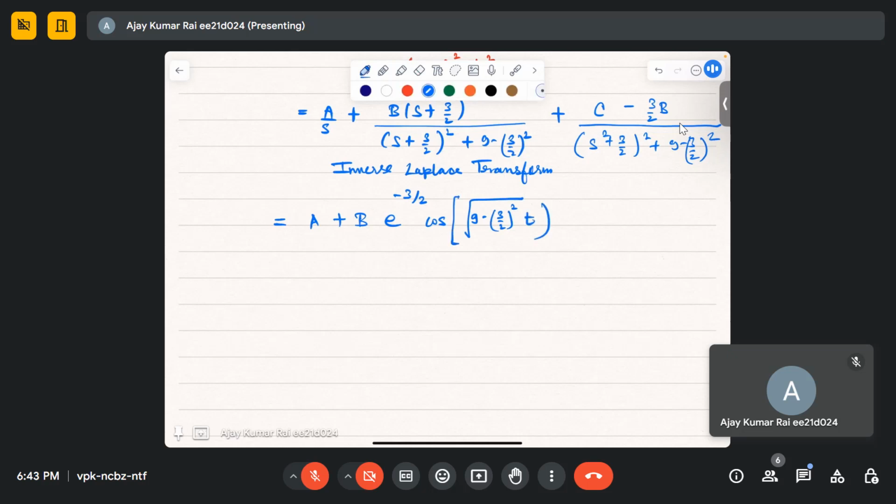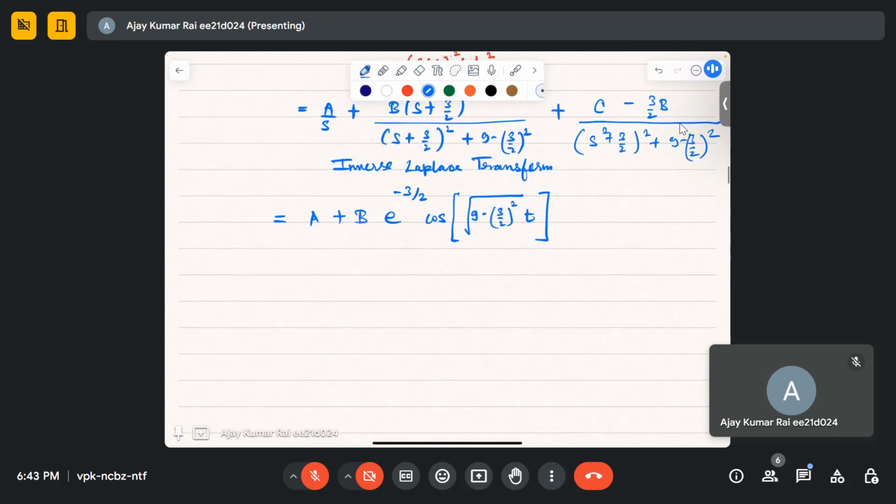And plus (c minus 3/2 b), you get sine root of 9 minus (3/2) whole square into t.